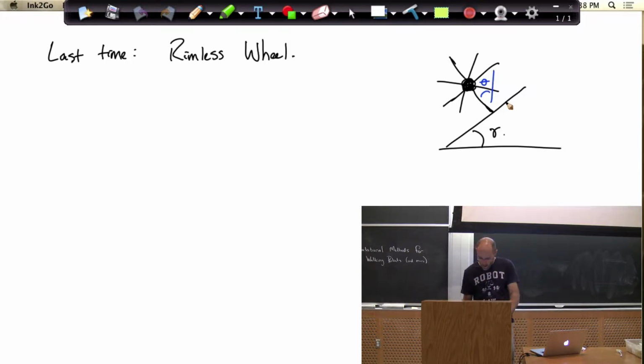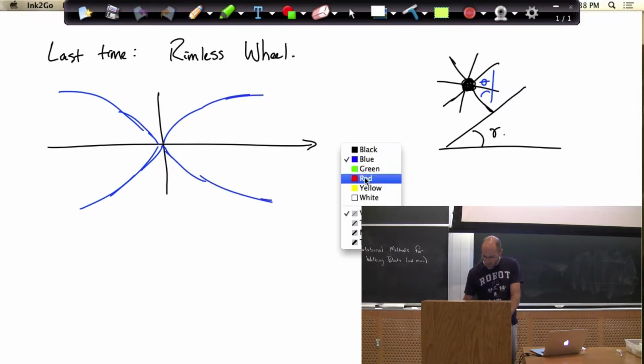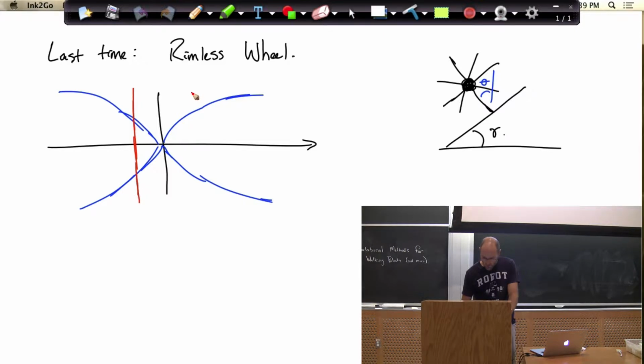And the way that looked, you remember, because this was a pendulum, we could draw it. We moved the coordinates just because I wrote it on the upright, but we still have the homoclinic orbits we're familiar with. It's just now centered around the origin. We had a couple of big important places in state space here, which is when one of the feet came around and hit the ground. Importantly, it's asymmetric, right?